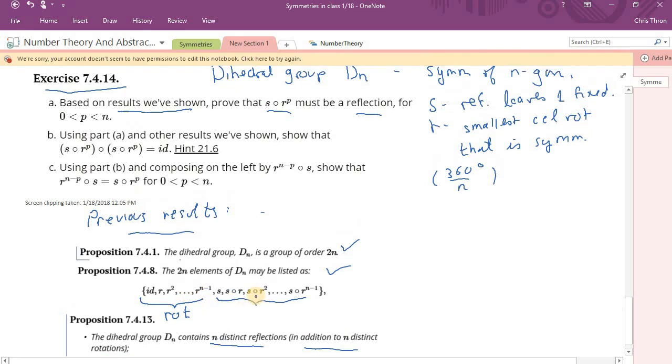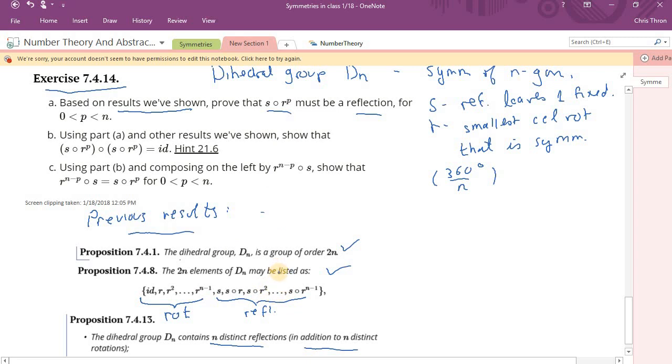So in fact, these must be the reflections. So since these are reflections, these are exactly the ones that we have here. Okay, so we've shown it. We've shown that this must be a reflection because we've already used up the rotations and we need the reflections.